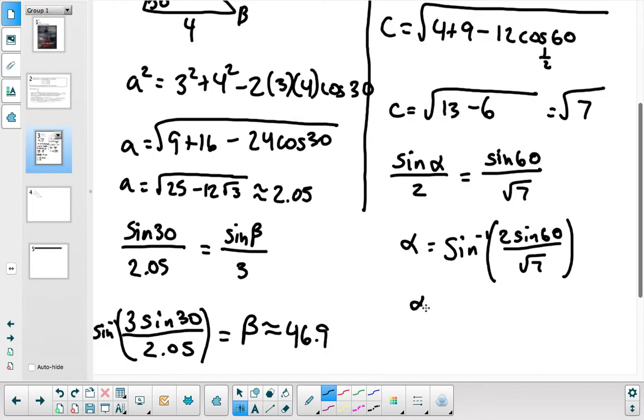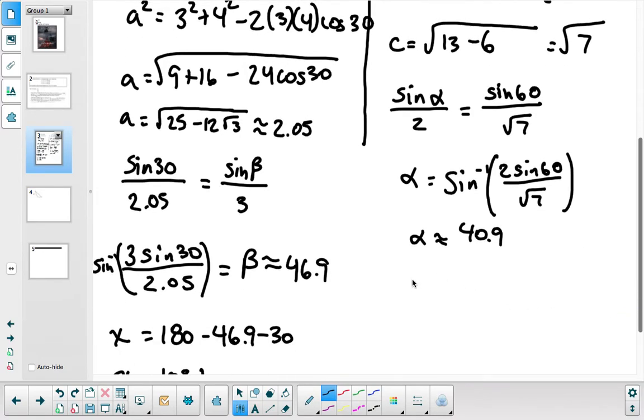You're going to type that in your calculator. You get that it's about 38.2. Nope, I am looking at the wrong one. You get that it is about 40.9. Crisis averted. 40.9.